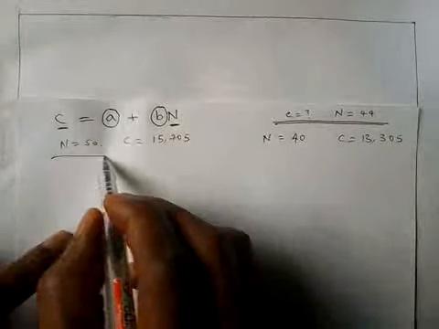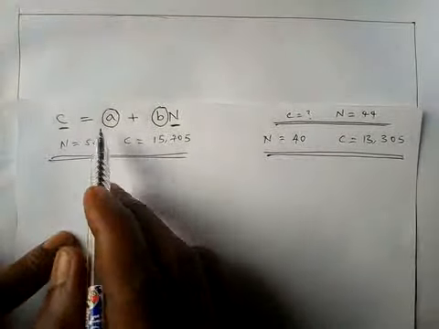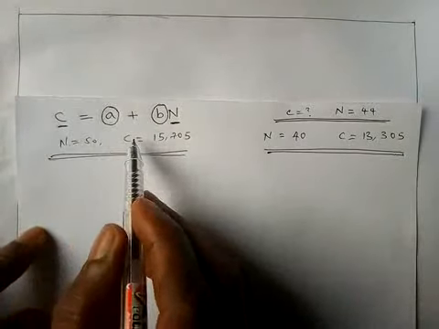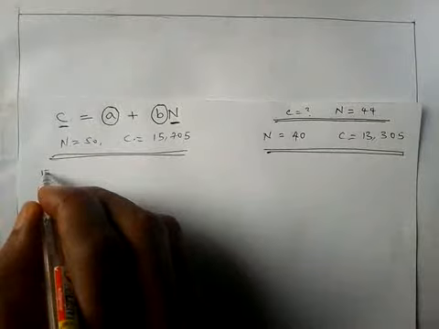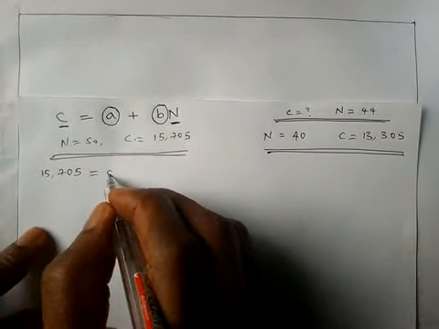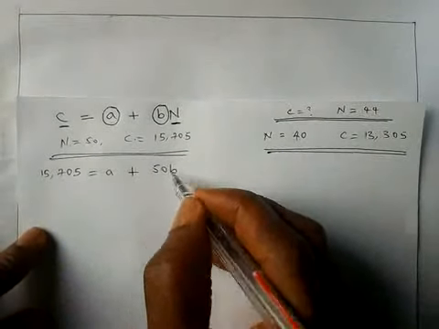Now from what was given to us, these two values, if we substitute them into this, we should be able to get A and B by solving simultaneous equations. So let's substitute. When N is 50, C is 15,705, equal to A plus BN. N is 50, so 50B.